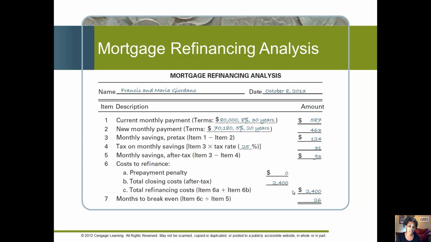So now if you take the monthly savings and the total cost of refinancing, this worksheet will give you the number of months it's going to take to break even, because that's going to be your total refinancing cost divided by your monthly savings. So in this particular case, it's going to take you more than 2 years to see the benefit. If you've got 30 years left on the loan, maybe that makes sense.